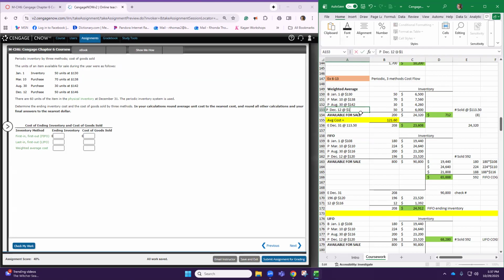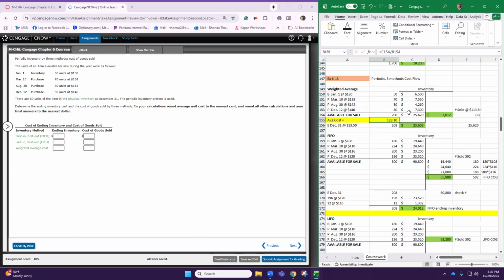So we go from 130 to 138 to 142 to 146. Now, if my math is correct, 50 plus 70 plus 30 plus 50 means we have 200 available to sell for the whole year.